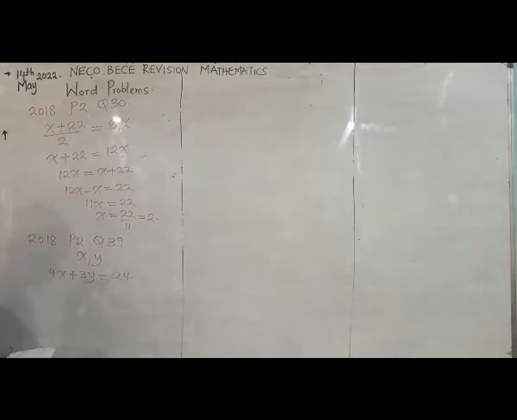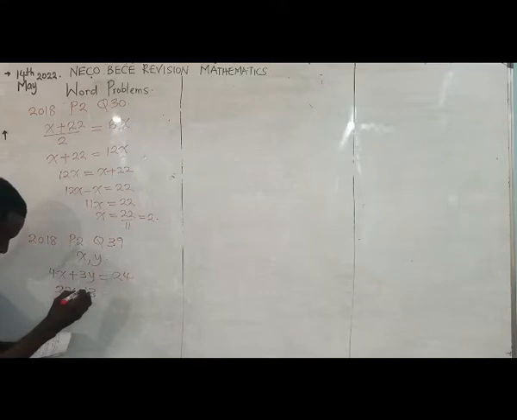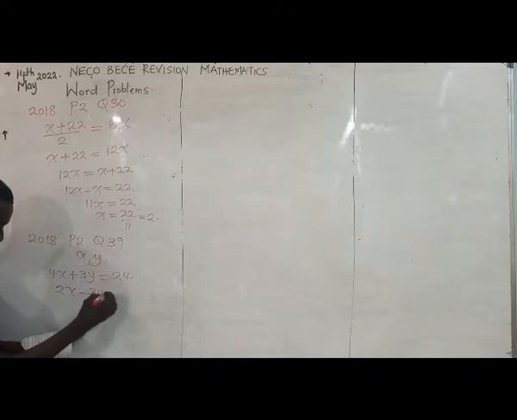Now, the difference between 2 times the first number. So difference means you are going to subtract 2 times the first number and 3 times the second number is what? 12.